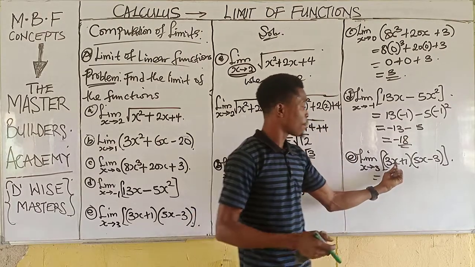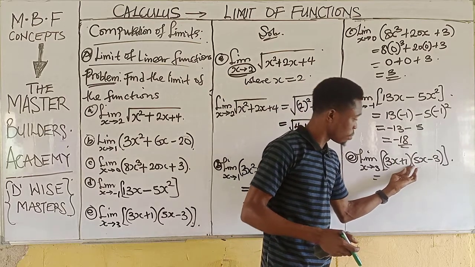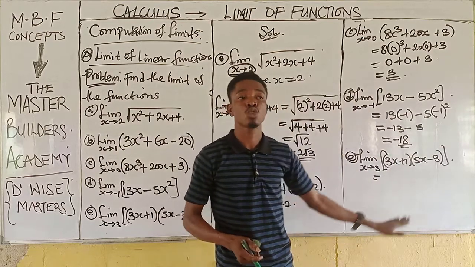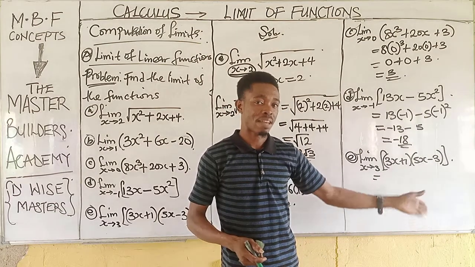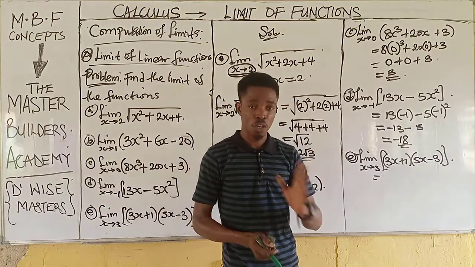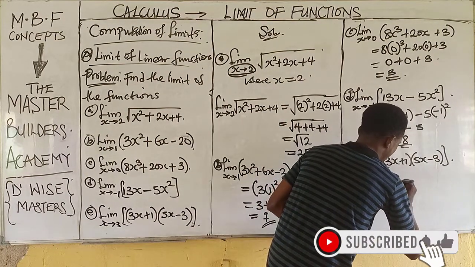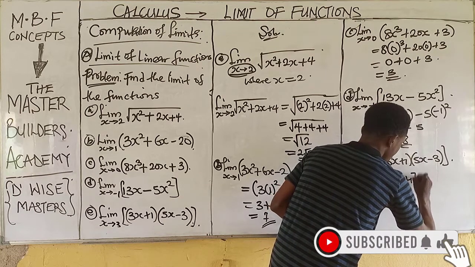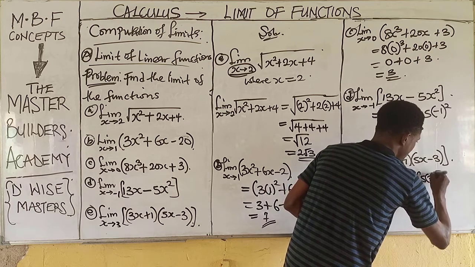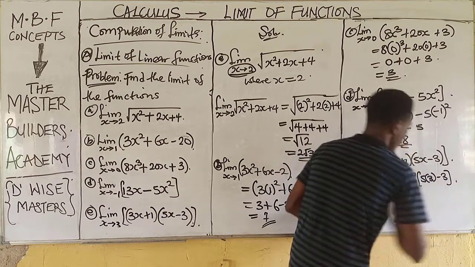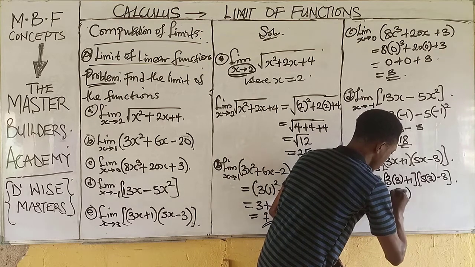Are you there? So now, all I need to do, having identified that there is no numerator and no denominator, is to substitute the value of x anywhere I find x in this given function. So here, we have this as 3 multiplied by 3 plus 1, then multiplied by 5 multiplied by 3 minus 3. Now 3 multiplied by 3 is 9 plus 1.